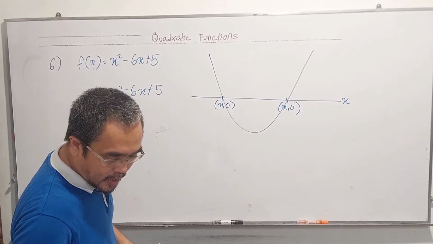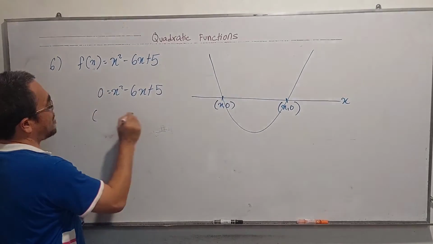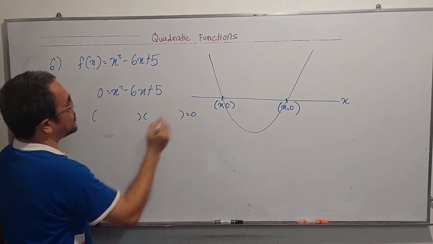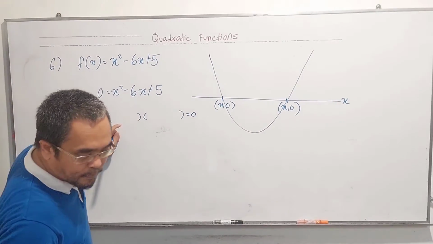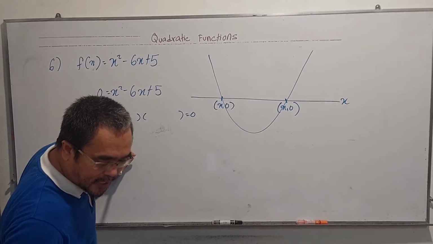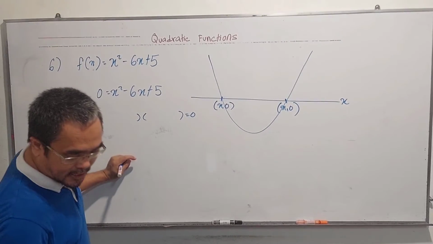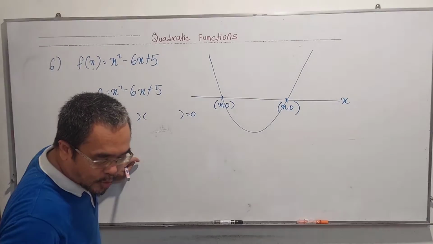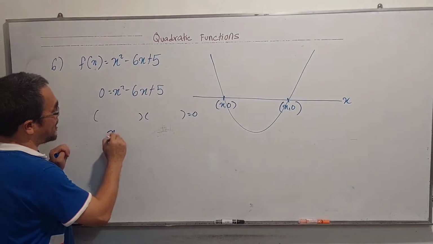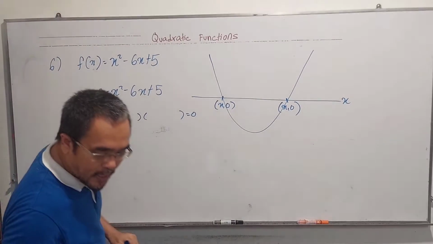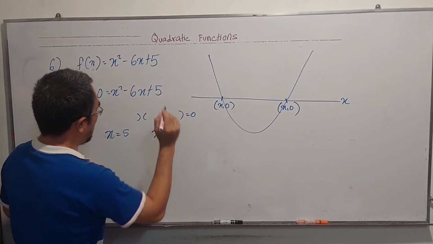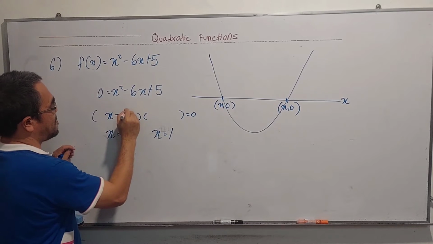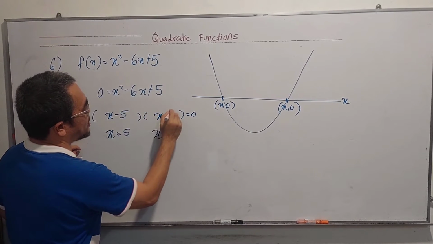That is, you press the calculator, equal to 0 here, and a here is 1, b is negative 6, and c is 5. So the first value will be 5, the other value is 1. So you have here x minus 5, x minus 1.